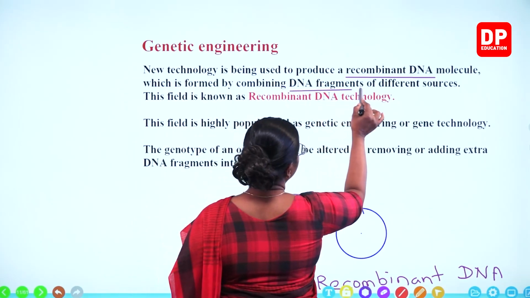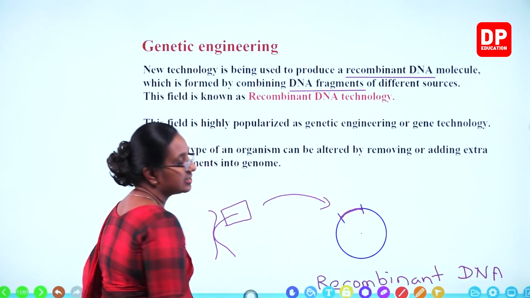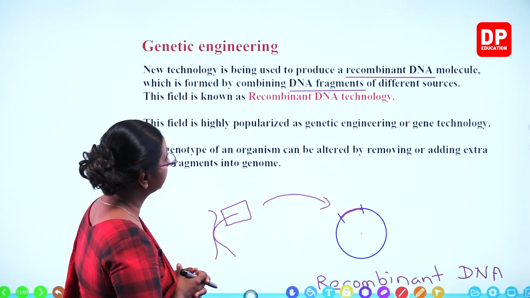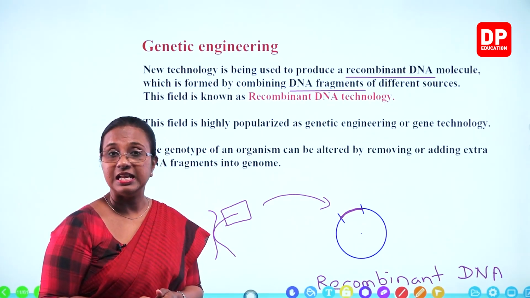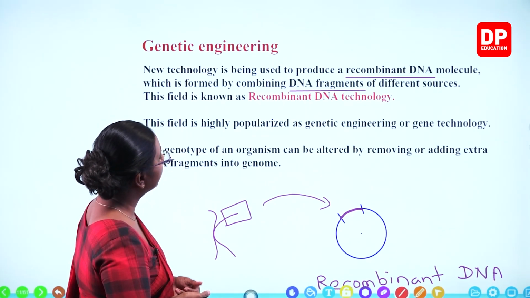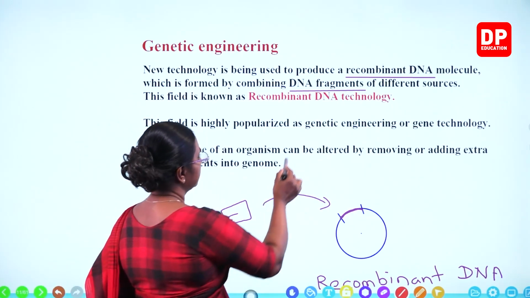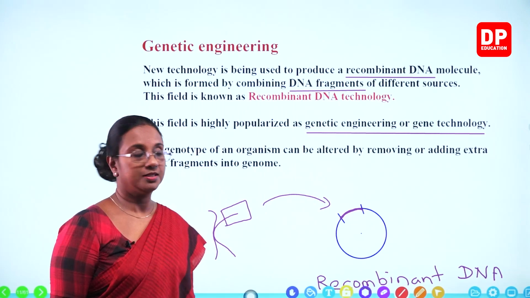This is one DNA fragment, and the blue color is another DNA fragment. Both are combined together. This field is known as recombinant DNA technology. It is highly popularized as genetic engineering or gene technology.